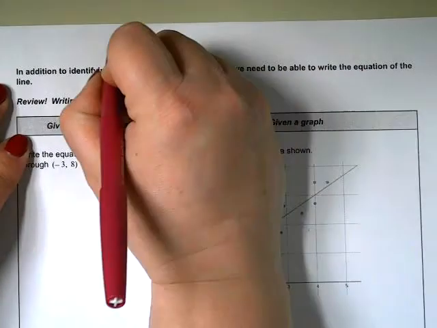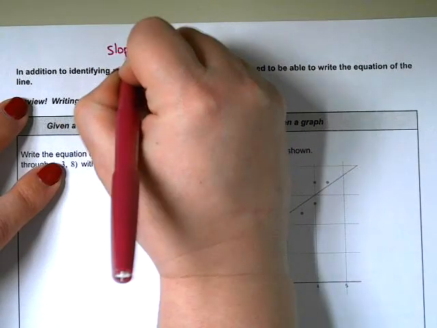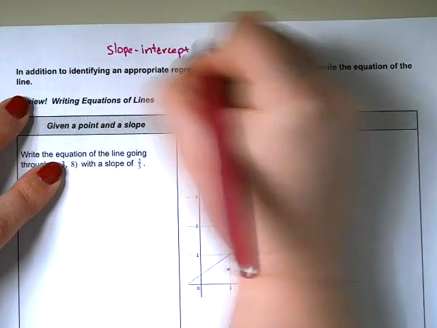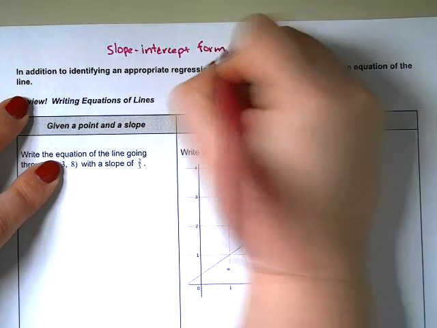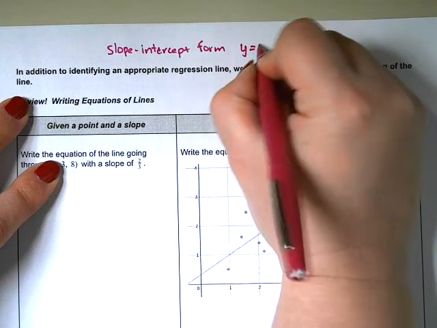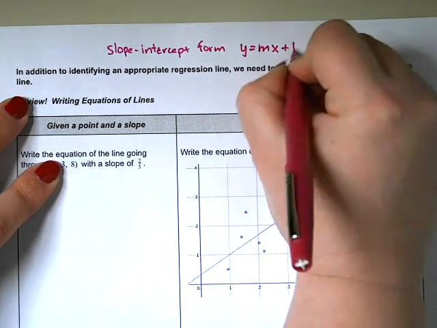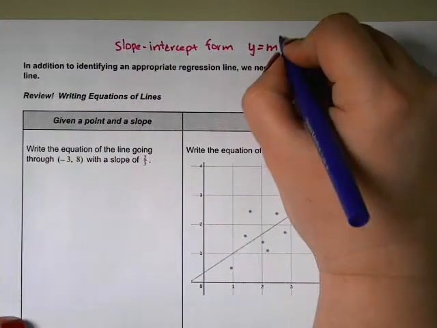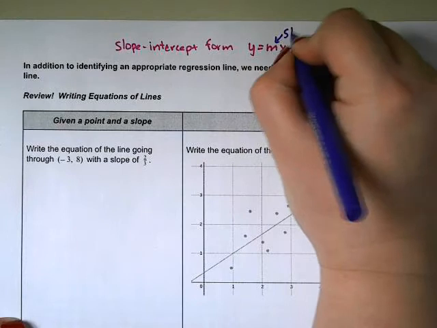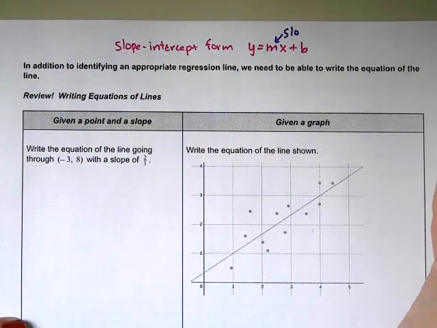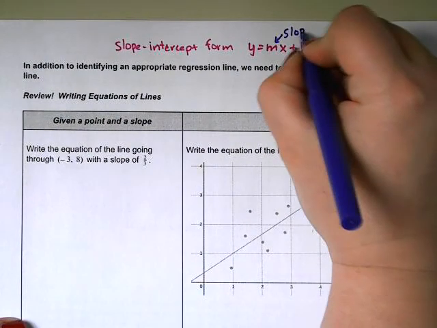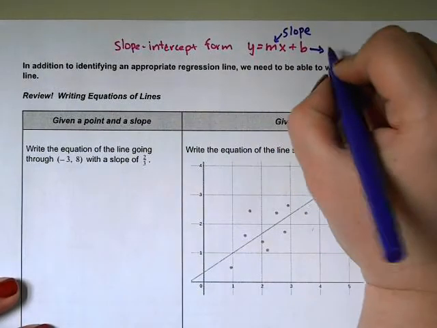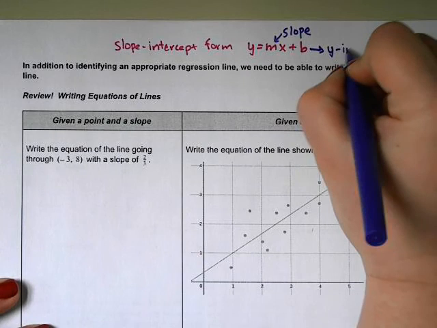So we could use slope-intercept form, which is y equals mx plus b. All right, and the thing you have to remember about slope-intercept form is that m is our slope. I don't know where that came from, you guys, I'm sorry. M is our slope, and b, I'm jumping ahead of myself, b is the y-intercept.